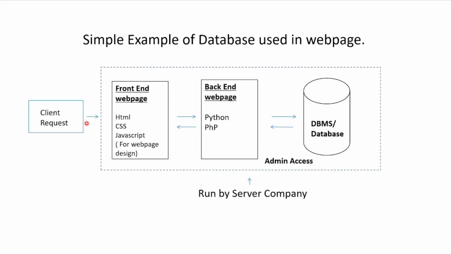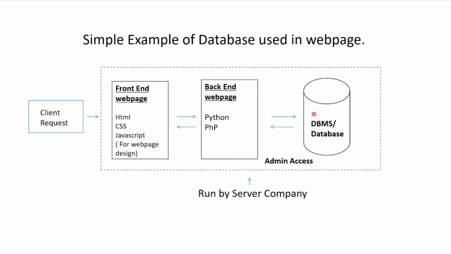And we have another example. Let's say this is the client request. For example, a student wants to know his result. So when he browses the internet, he gets the front end web page. Under front end, he uses his login ID and password. Through login ID and password, he provides instruction to the backend, and backend provides instruction to the DBMS.